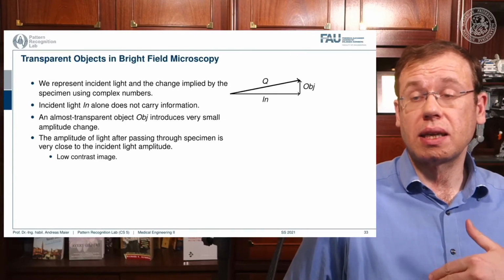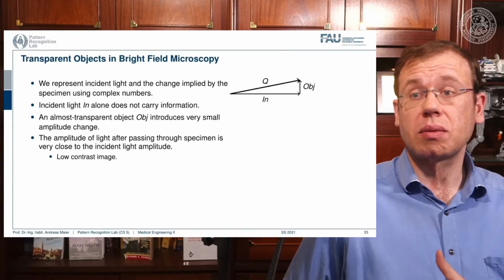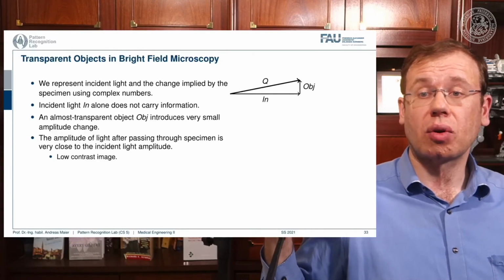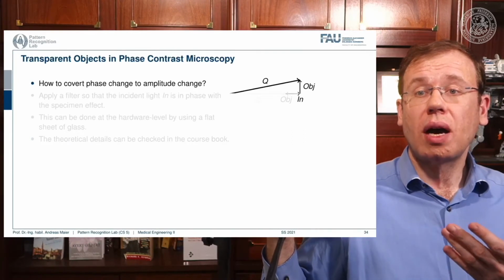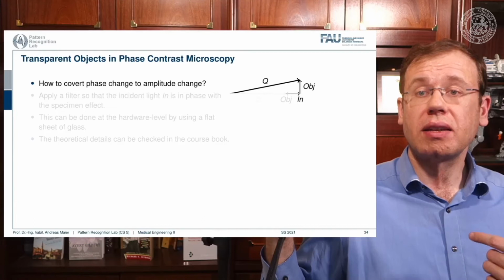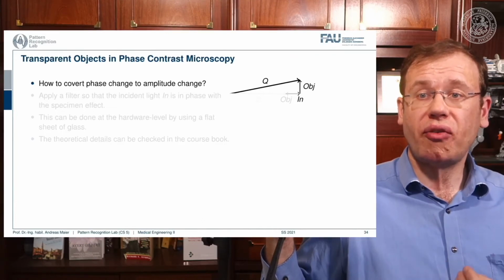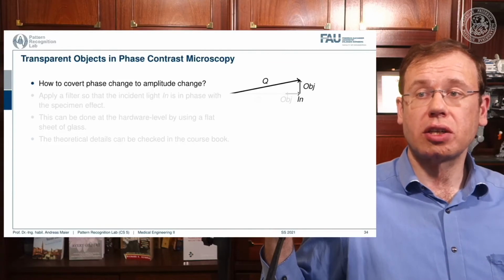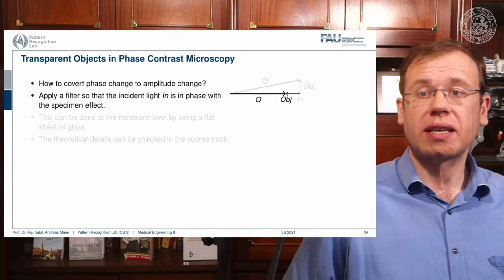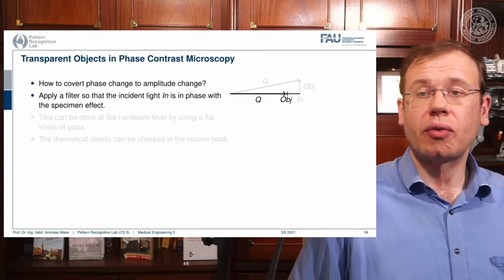So the entire arrow is longer, but as soon as we project it back on the x-axis, there's no difference anymore. So we have a low contrast image. Now, how can we still measure this? And the idea is that we use something, this filter, that changes the phase into an amplitude change. So this essentially then rotates our object effect into our x direction.